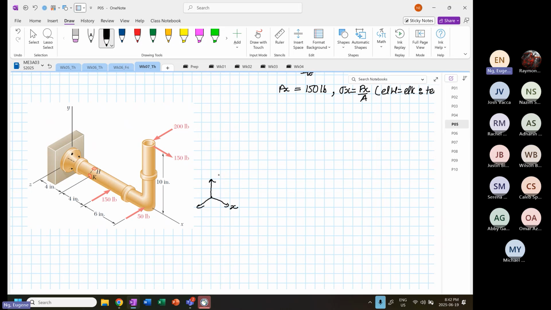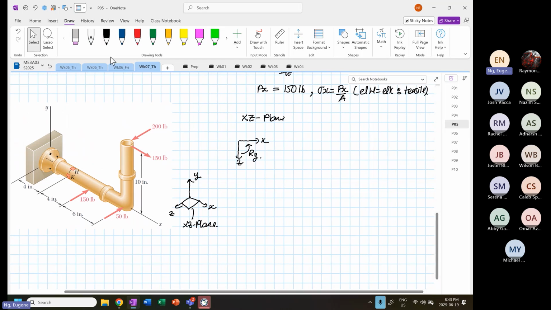So this is X, Y, and Z. Now we are looking at the XZ plane. So this is my X, over here is my Z, and Y, with my thumb pointing upwards using the right hand rule, is rotation about Y.